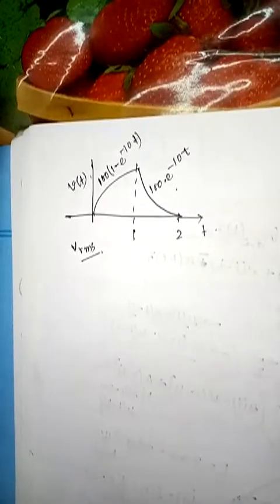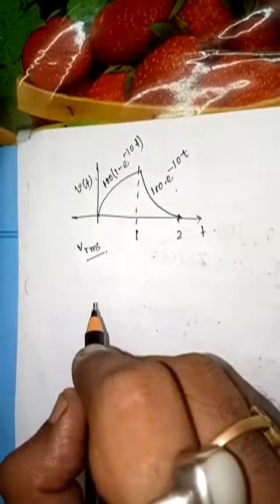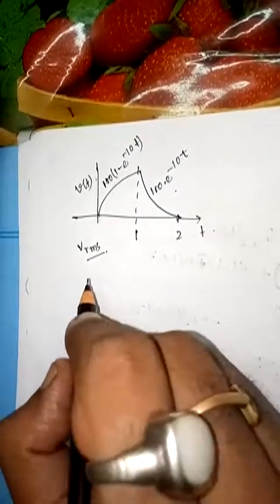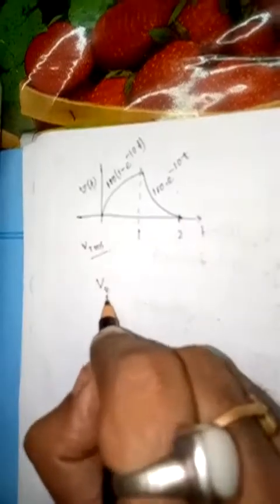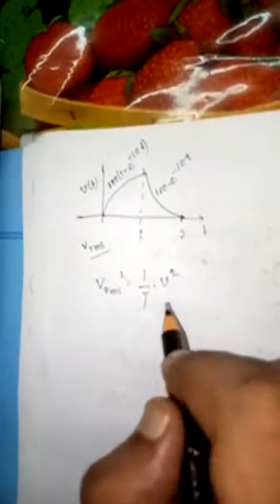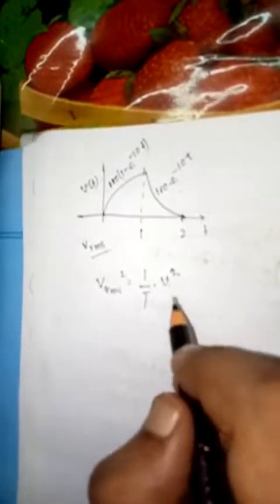How to do this? Very easy. First of all, what is the formula? Vrms square equals 1 by T of the integral of V square, from 0 to T. Here it is 0 to 2.